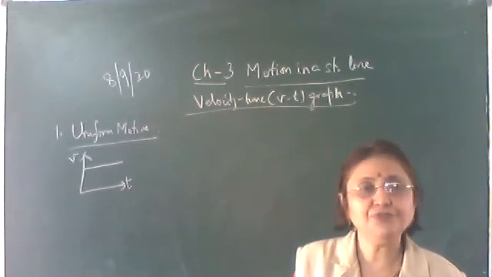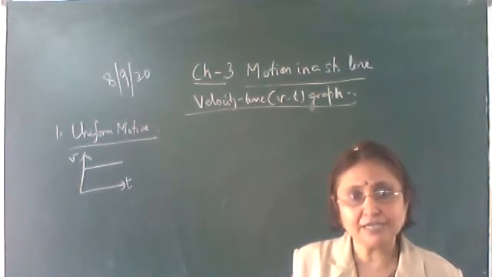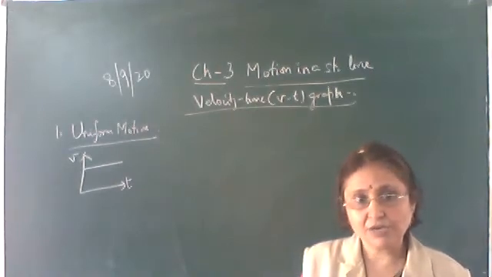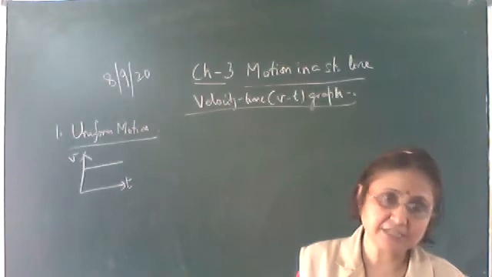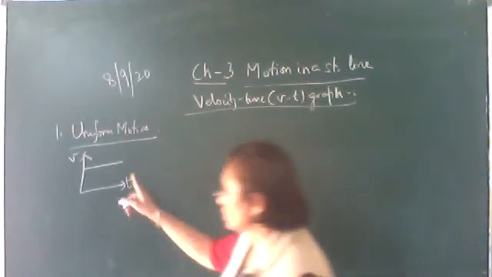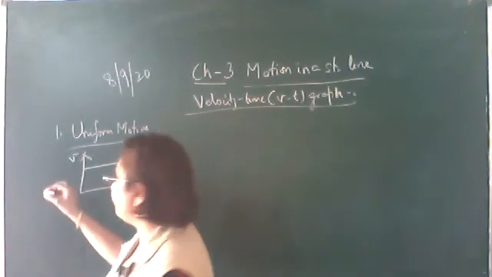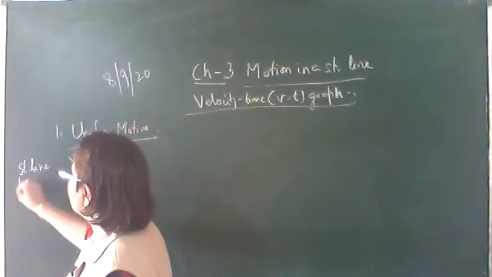So for uniform motion, the VT graph is a straight line parallel to the time axis. Okay, in the XT graph, for uniform motion, it is a straight line having some slope. Here the slope is 0. Okay, so how will be the VT graph for uniform motion? Straight line parallel to time axis.